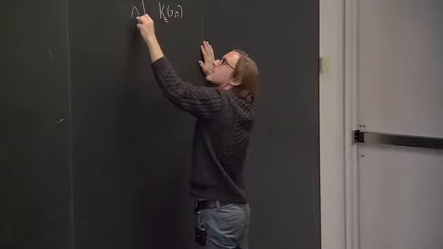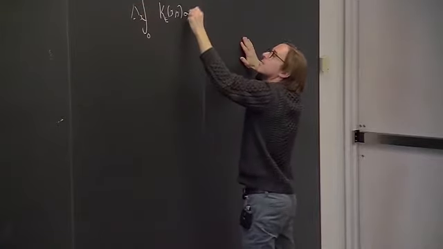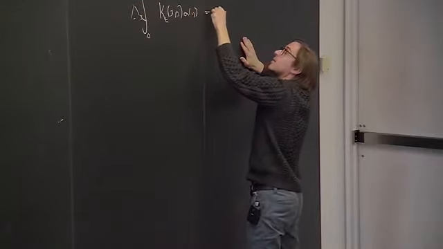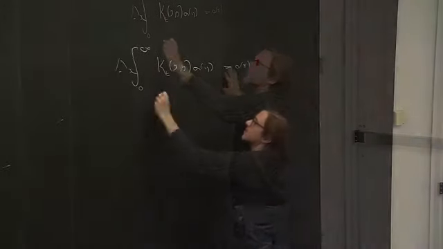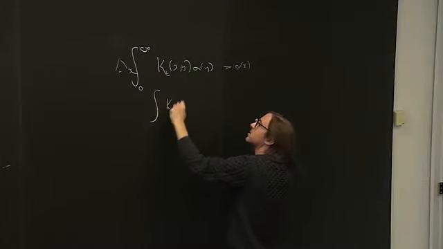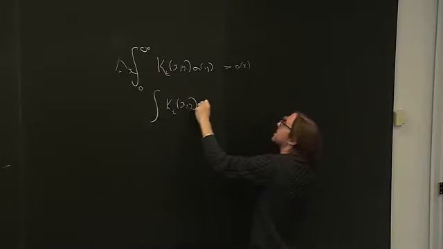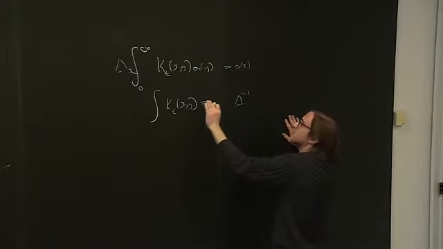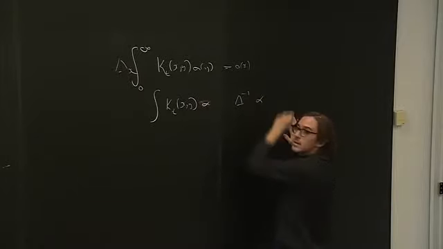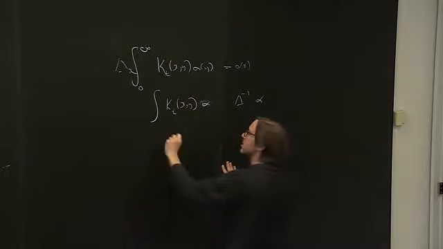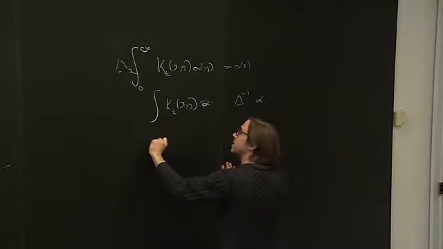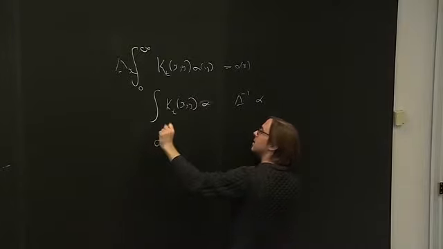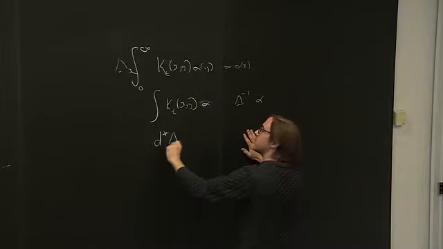This is the standard convolution of alpha of y is alpha of x, so that the integral kernel is like the Laplacian inverse. So now we're saying, what is D star times Laplacian inverse?